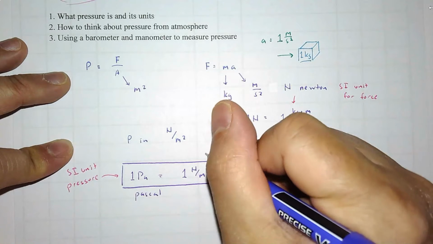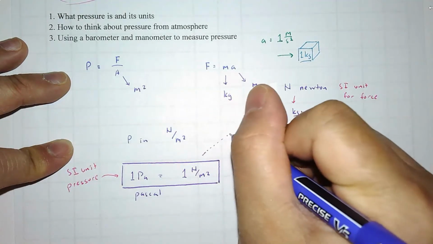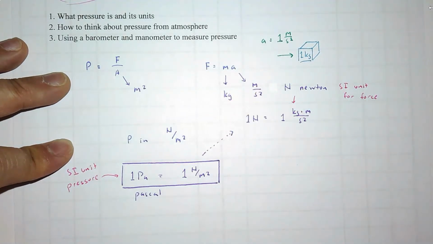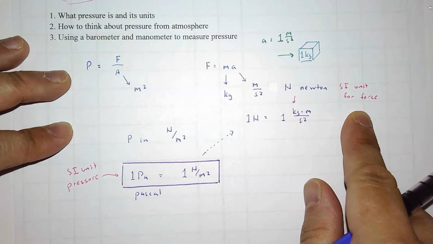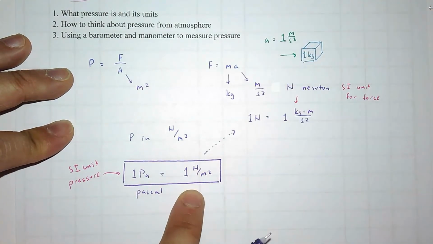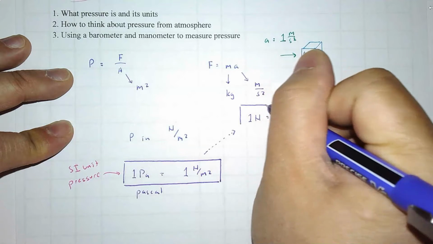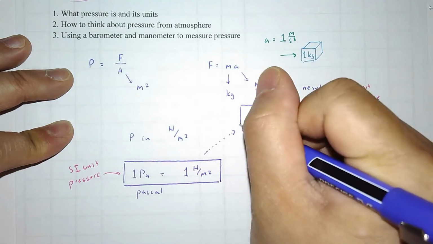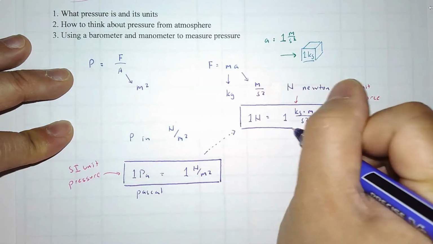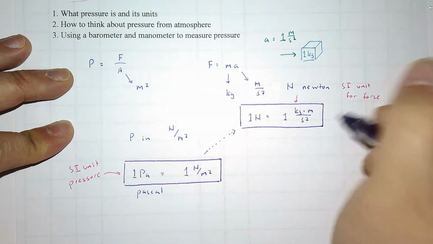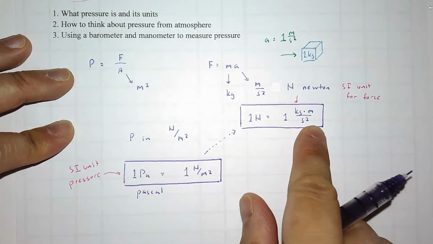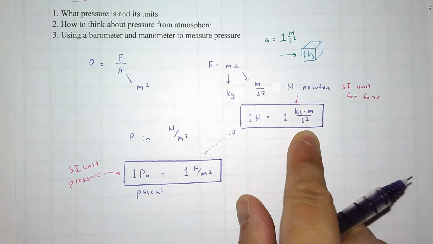And where's that Newton coming from? That Newton's coming from here, which is the SI unit for force. So this is force per area, and this is the SI unit for force. 1 Newton equals 1 kilogram dot meters per second squared.